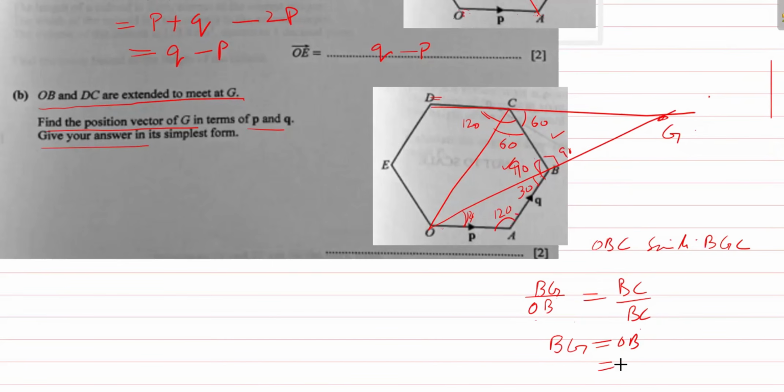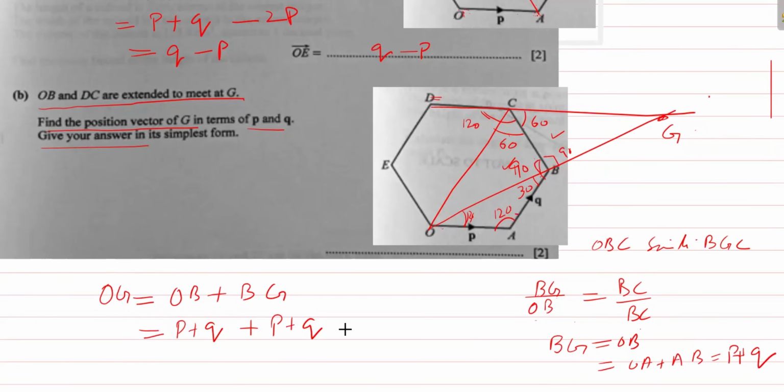OB equals OA plus AB, which is equal to P plus Q. We write here vector OG will be equal to OB plus BG, and OB is P plus Q. BG is also P plus Q. Therefore, the vector OG will be equal to 2P plus 2Q.